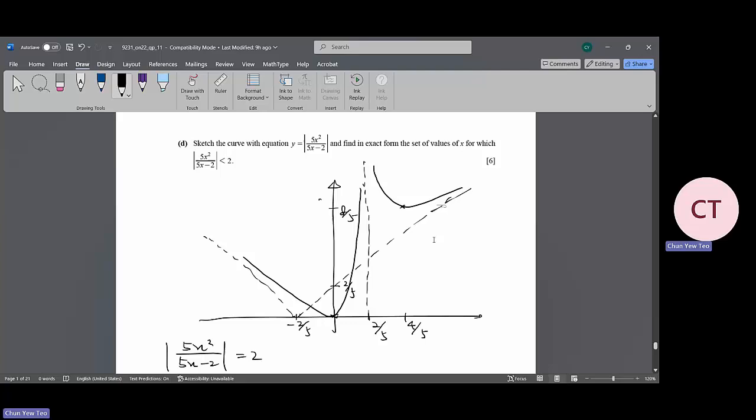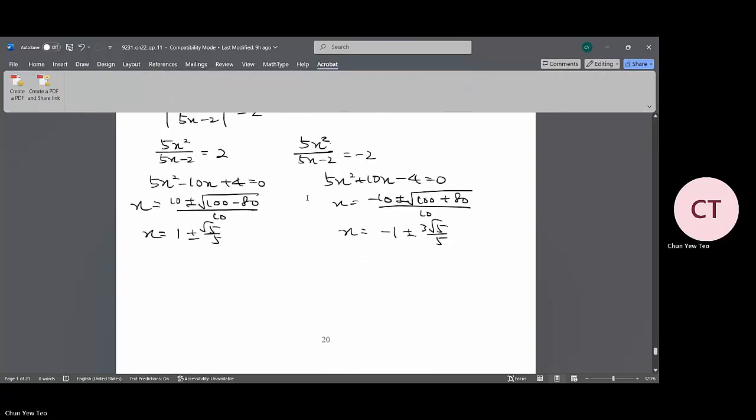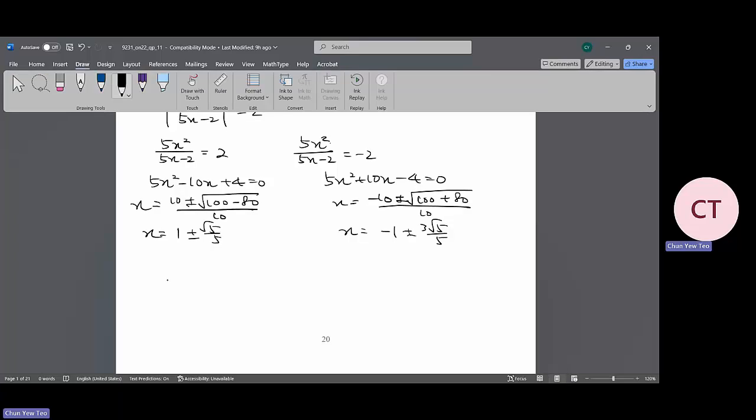If you imagine that your graph extends to somewhere very high, when you draw the line y equals 2 here, you can see that you have 4 intersection points. These 4 intersection points, you have to arrange in a proper sequence, so we need to know which is bigger.